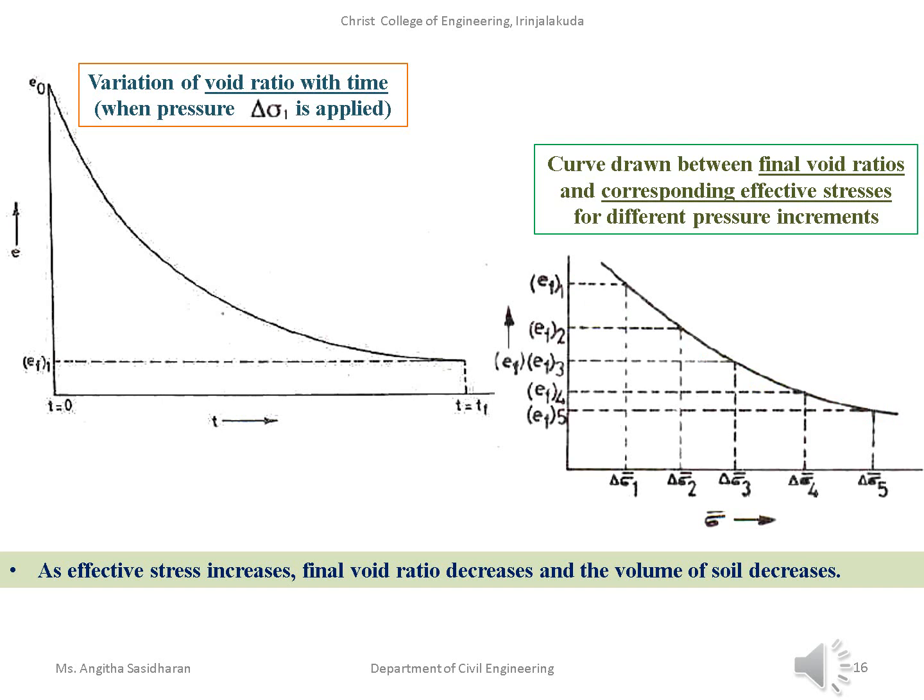Delta sigma 5 is the largest increment, because the effective stress is varying like this. So this is the maximum value. The final void ratio corresponding to this maximum effective stress is e_f5, which is the minimum value among all the final void ratios.